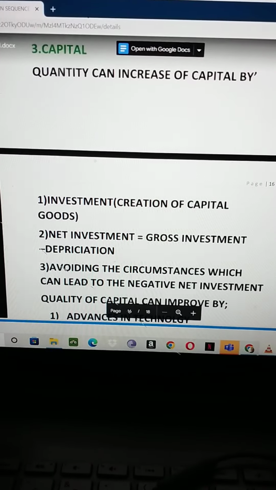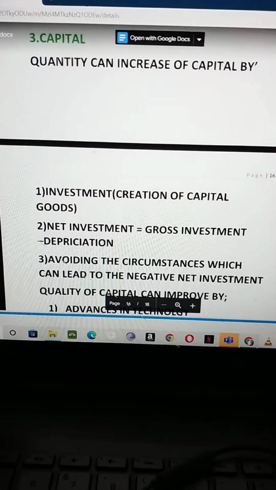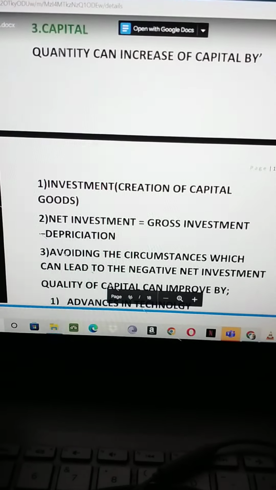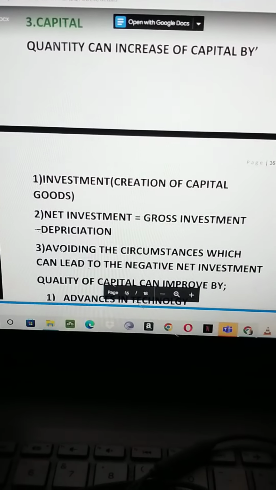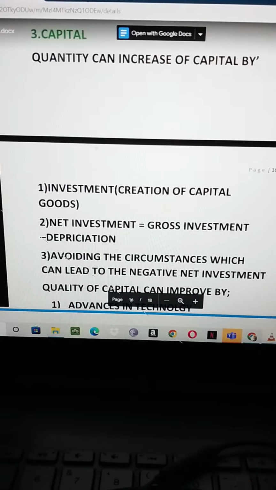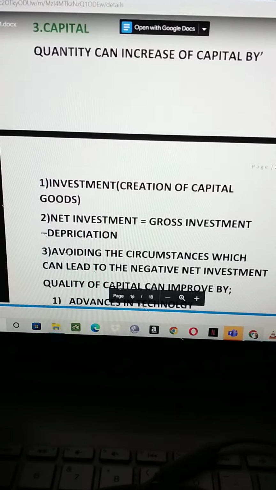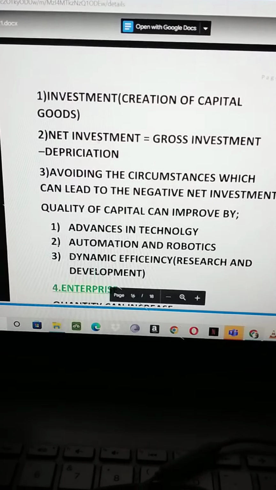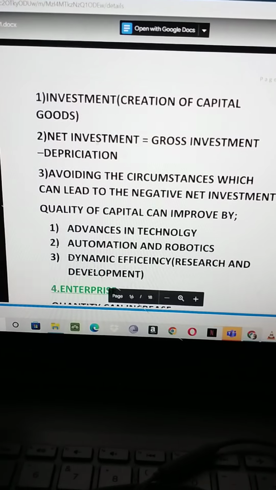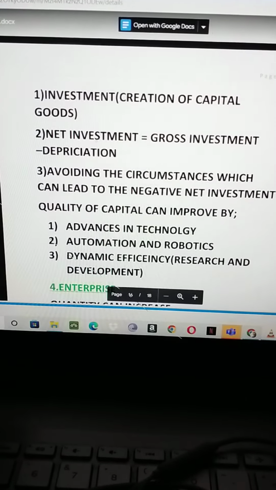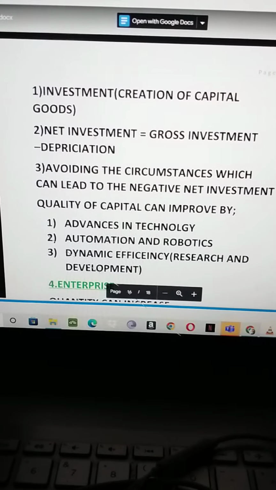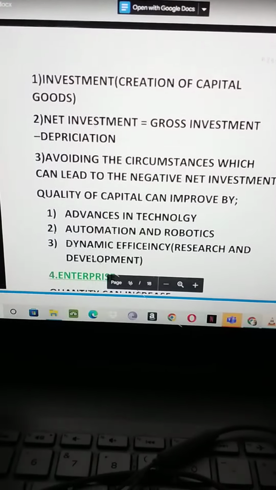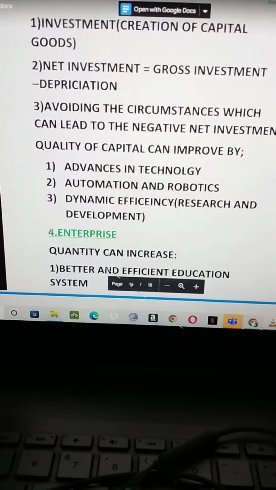Capital, remember the quality of capital can be increased with the advancement in technology. And with the help of technology, you can always improve your machineries and their productivity. And automation, robotics, dynamic efficiency, this is my favorite term, as you know, that if you put a lot into research and development, you will improve your machinery as well.